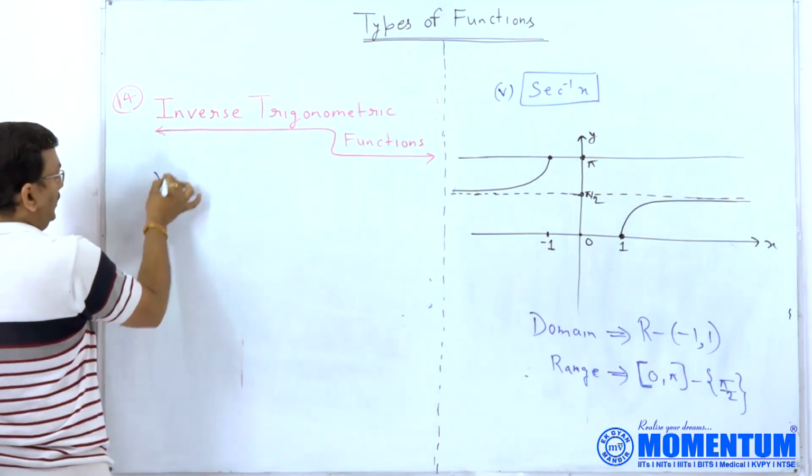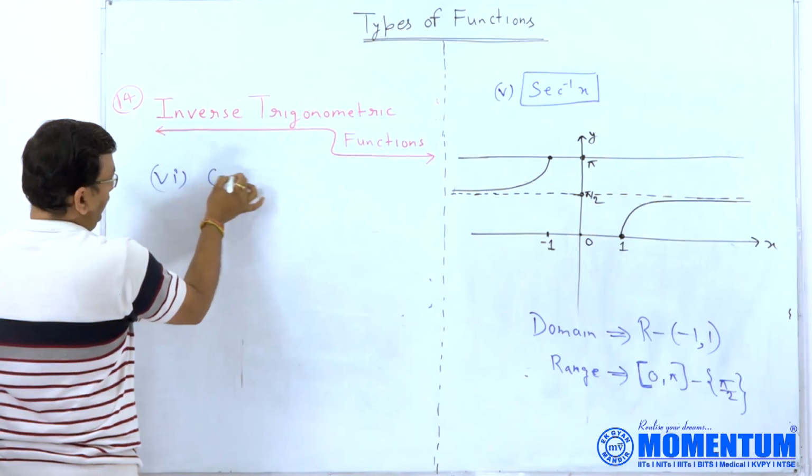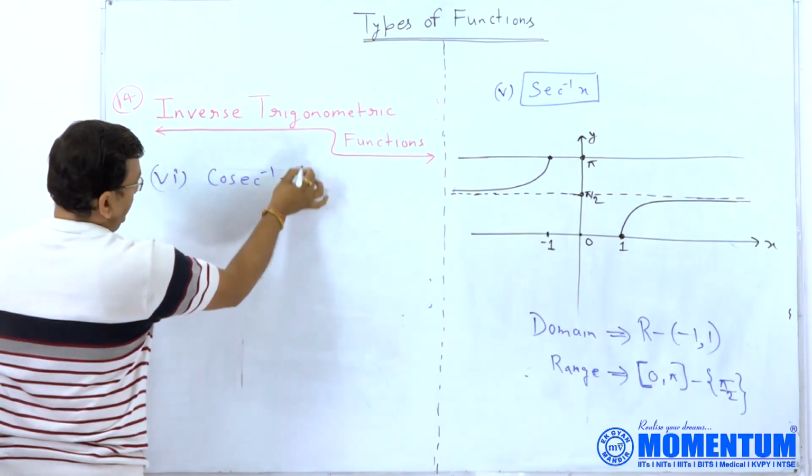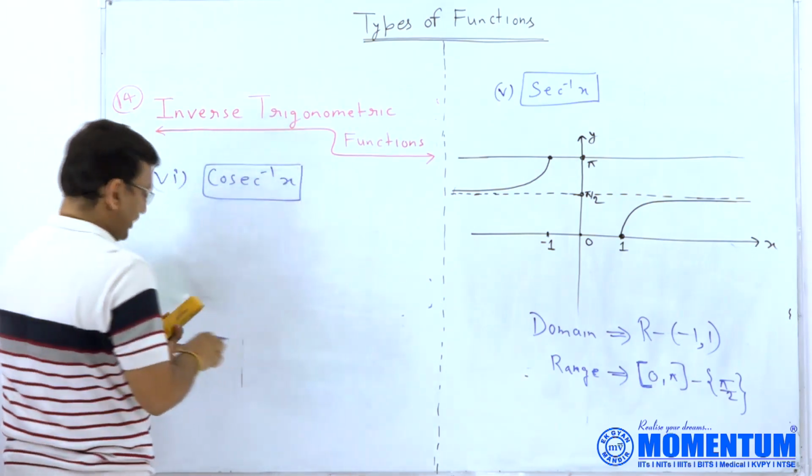Now we have the last inverse trigonometric function, that is cosec inverse x.